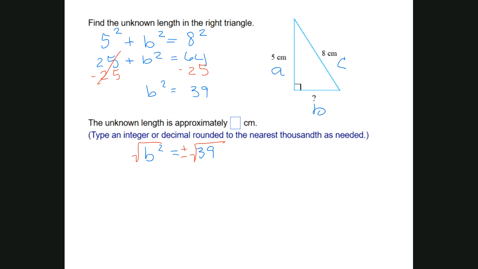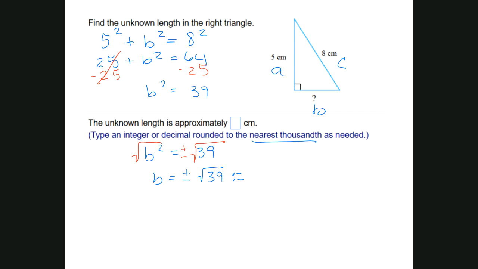The square root of b squared is b, and the square root of 39 is just the square root of 39 right now because we're not going to simplify that further. Since it's not a perfect square number, we will place it in our calculator and get an approximation. Remember, it says up here in the instructions, round to the nearest thousandth as needed.